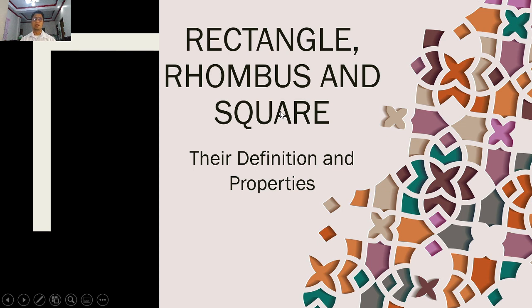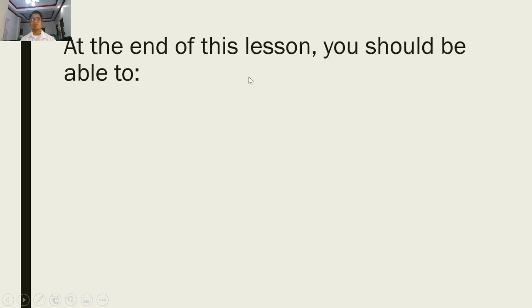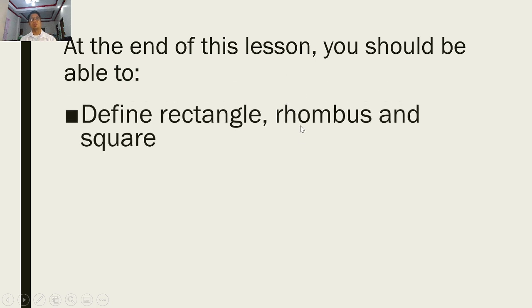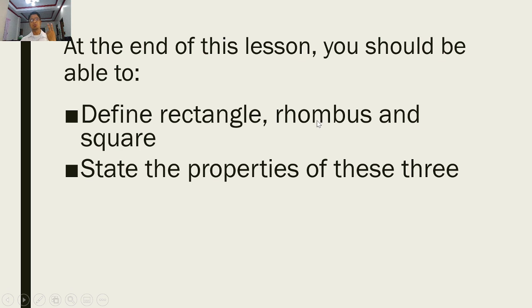As always, we have here now our aim for this lesson. At the end of this lesson, you should be able to, number one, define those three: the rectangle, rhombus, and square. Number two, state the properties of these three.